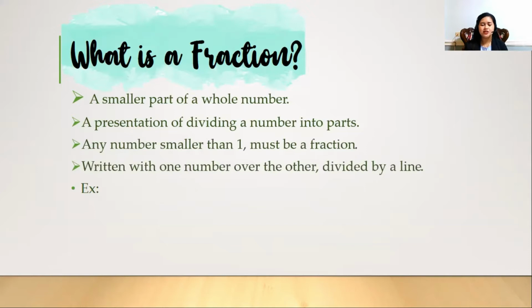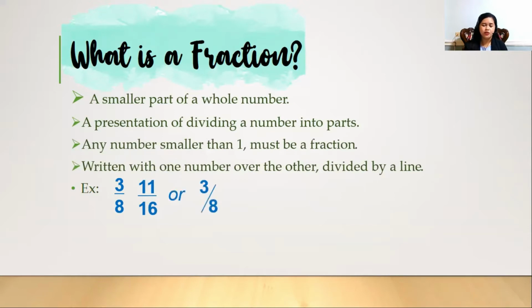A fraction is written with one number over the other, divided by a line, which we call the fraction bar. For example, we have 3 over 8 and 11 over 16.